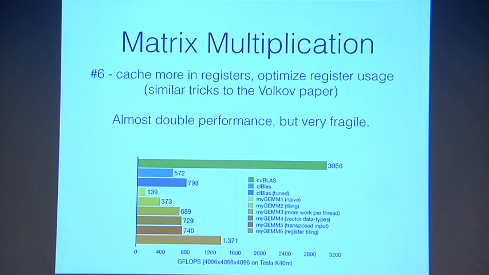Registers are faster than shared memory. And he optimizes some registers, similar to the tricks in the Volkov paper that we'll talk about later in the lecture. It basically doubles the performance. Instead of doing local memory, I don't even remember what he does to force it into registers, but it caches more in the registers and does some manipulations there.